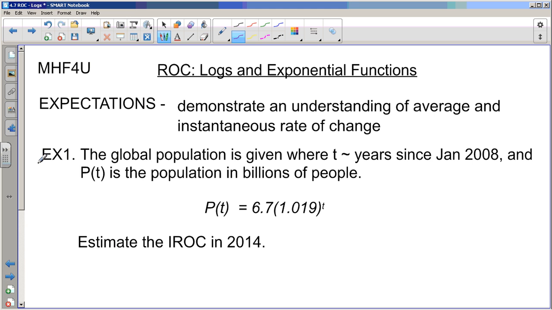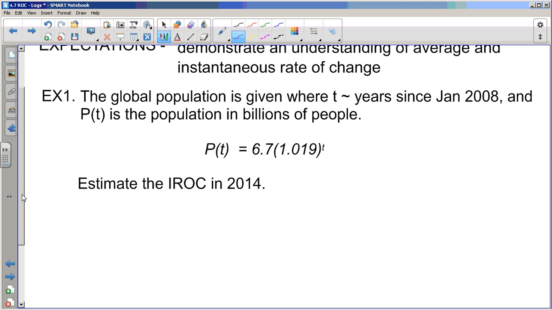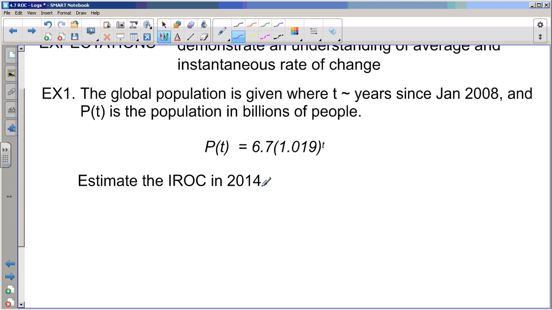Let's get into an example. And this is going to be boring old stuff that you're used to, but we've got an application here. The global population is given, where T is the years since January 2008 and P of T is the population in billions of people. Estimate the IROC in 2014.